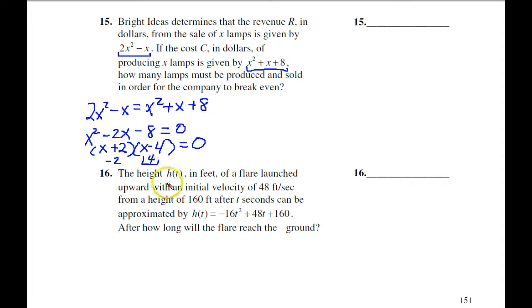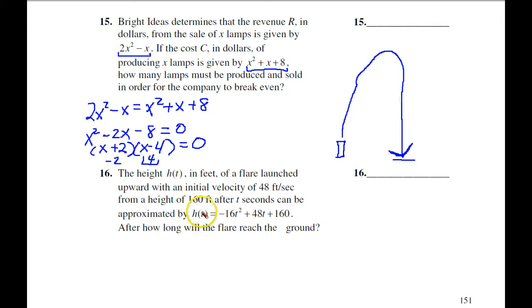And then here, let me read this. So here we're going to set off a Roman candle or a flare of some type. It will shoot up into the air, and then of course gravity takes it back down. The formula to describe this is this right here.